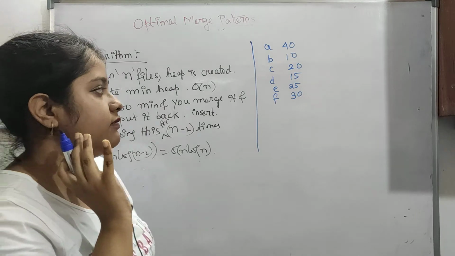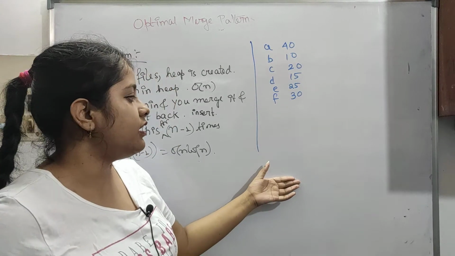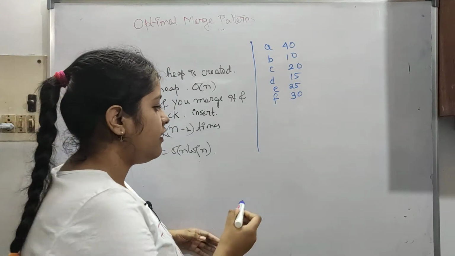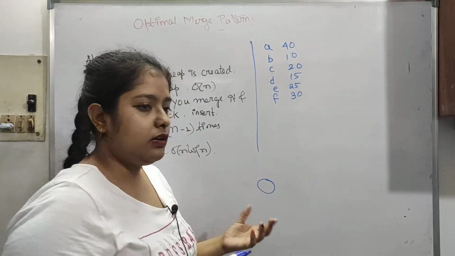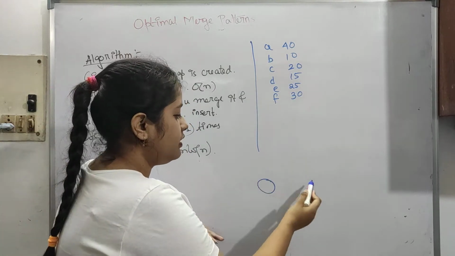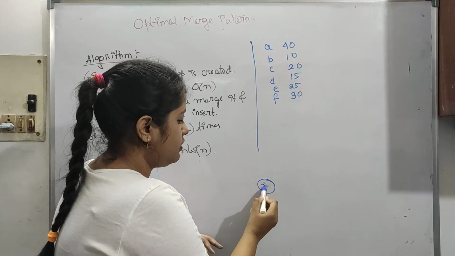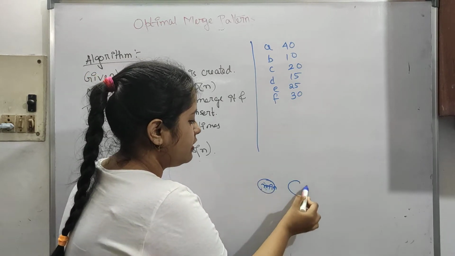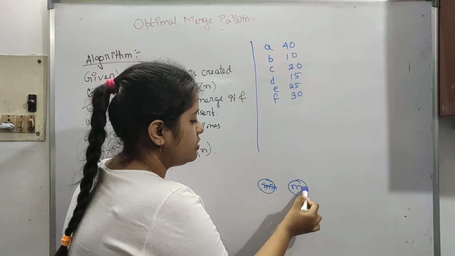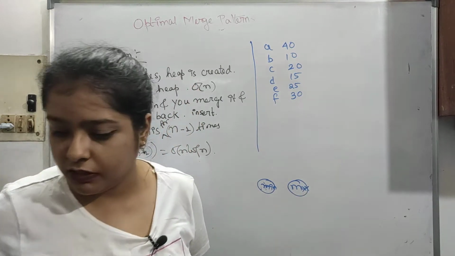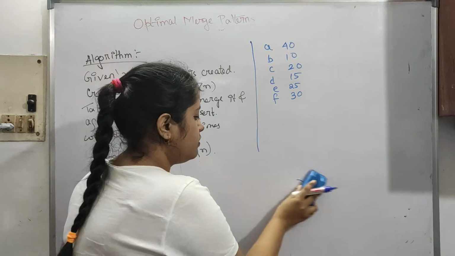The difference here is that, if you remember, it was very important in Huffman encoding that of the two minimum elements we have taken out, the minimum one will be on the left and the maximum will be on the right. This was mandatory in Huffman encoding, but here it is not needed.